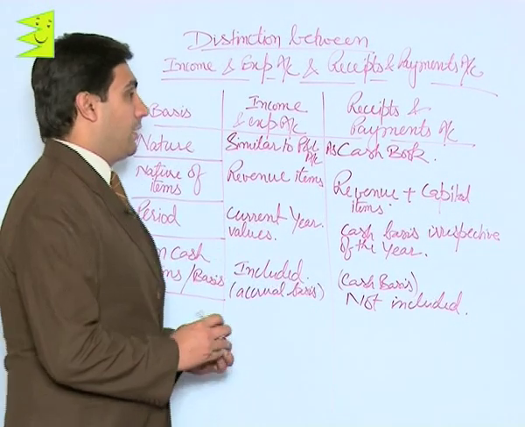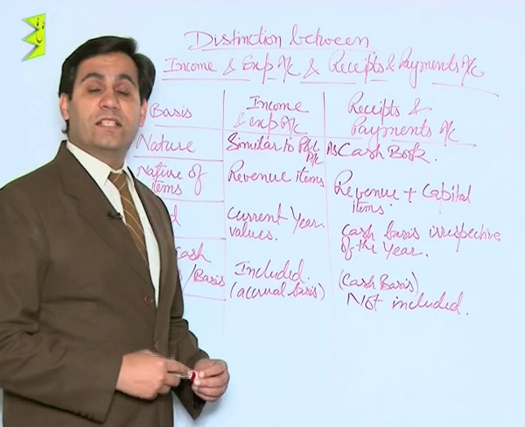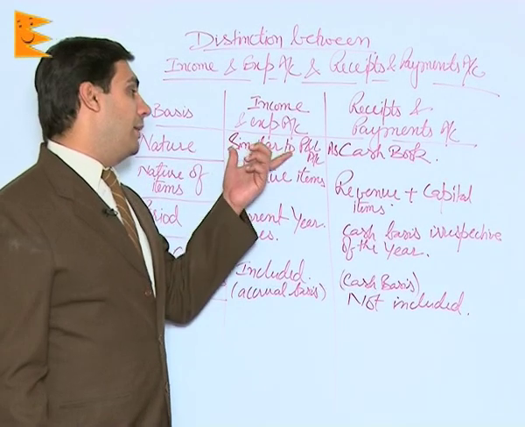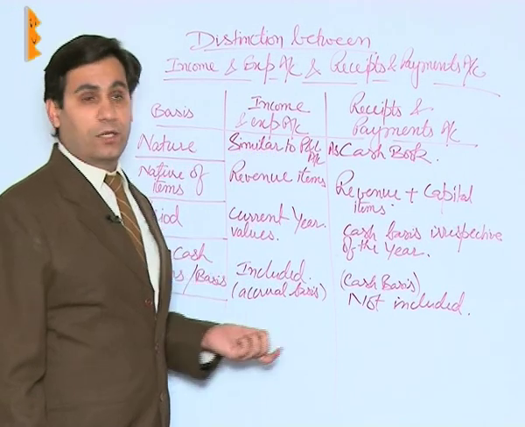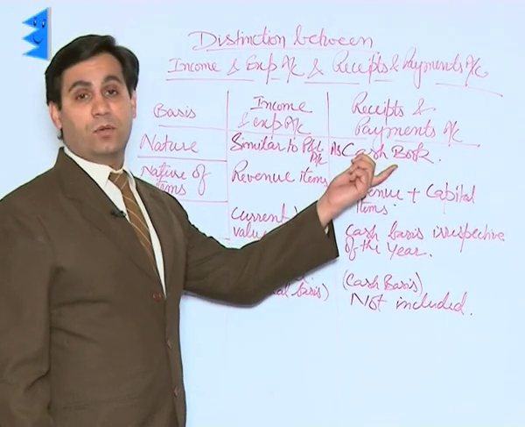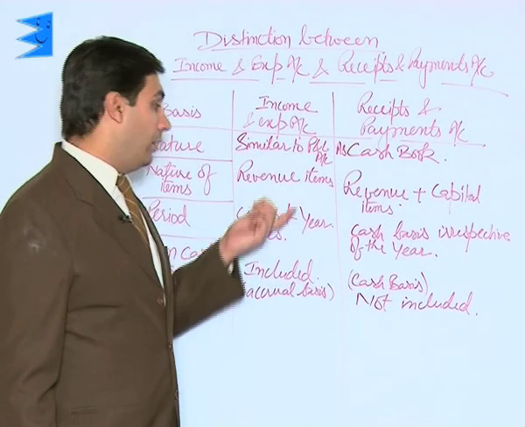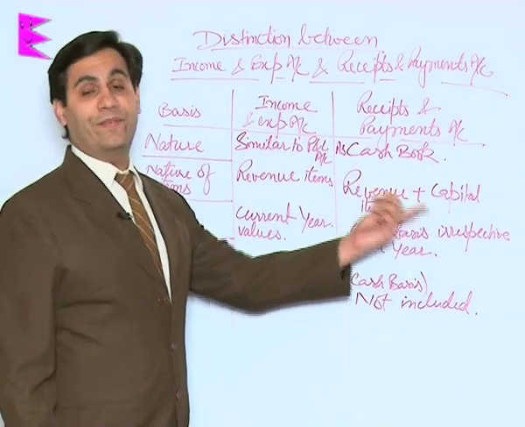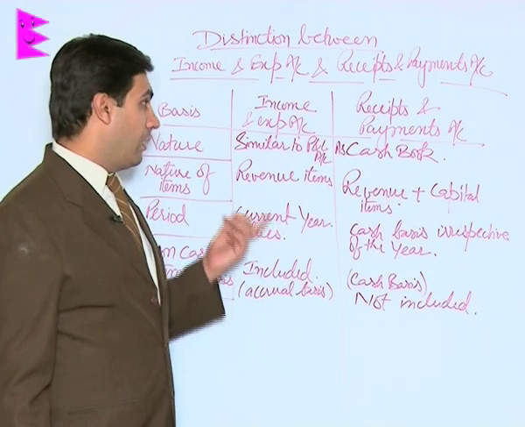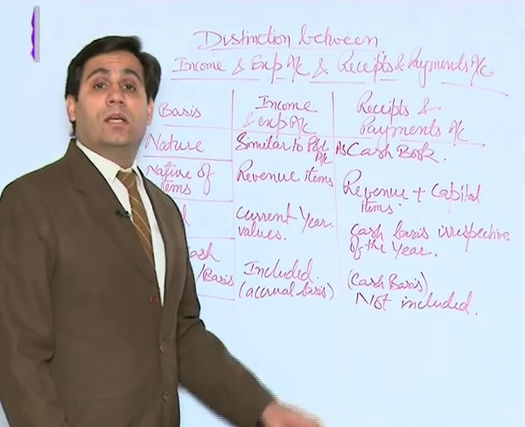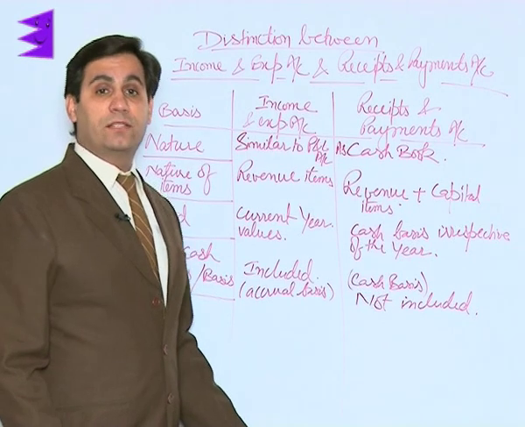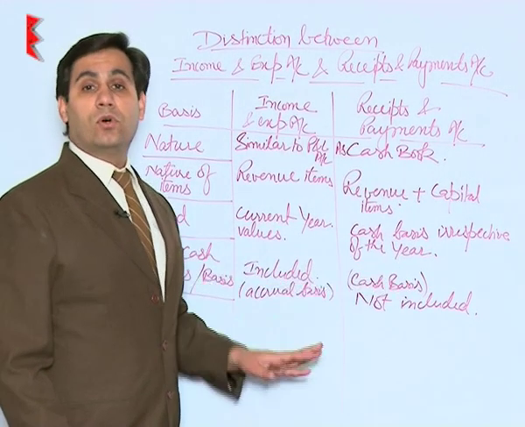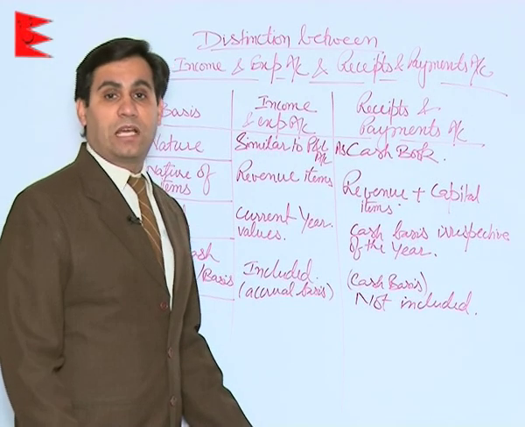So students, these are some basic differences between receipts and payments and income and expenditure account, whereby we can say that income and expenditure account is very similar to profit and loss account, whereas receipts and payments account is a summary of cash book. It includes only revenue items, whereas receipts and payments include both revenue and capital items. Income and expenditure account is prepared on accrual basis, hence only current year figures are shown, whereas in this case there is no distinction on the basis of time period.